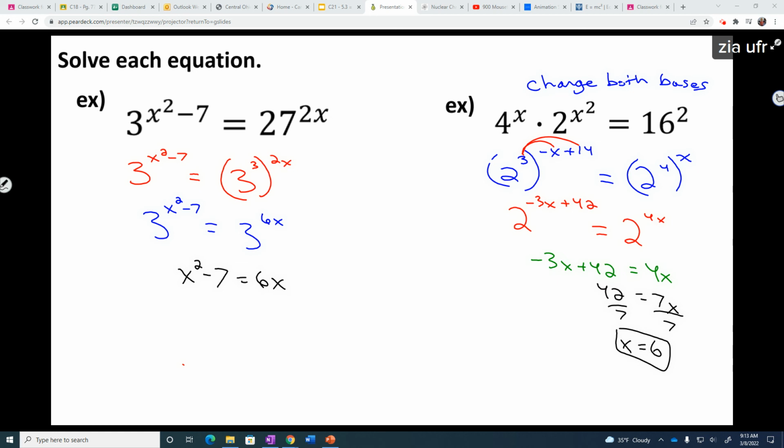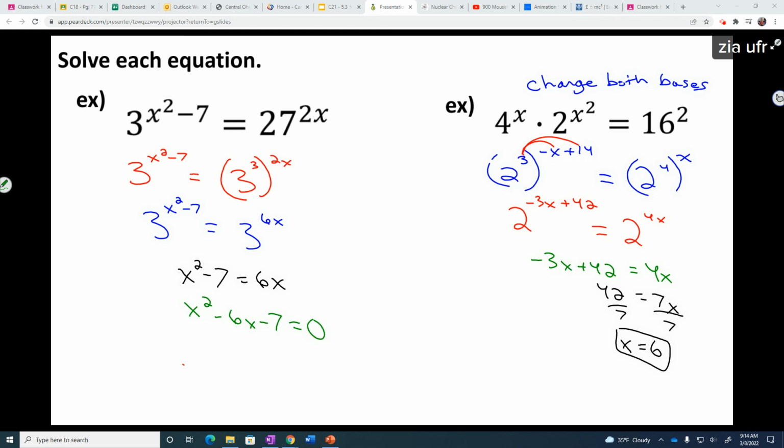Alright, what do we want to do here now? Set it to 0, so yes. Good. Move the 6x over so that equals 0. X squared, and I'm going to write it in the order from 6x. I'm going to put that in the middle with you so that we can see how to factor it here. So I just subtracted the 6x over.